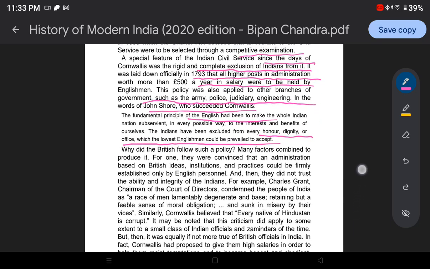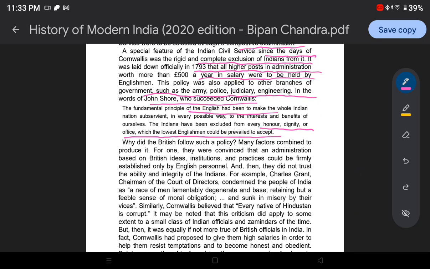Why did the British follow such a policy? Many factors combined to produce it. For one, they were convinced that an administration based on British ideas, institutions, and practices could be firmly established only by English personnel, and then they did not trust the ability and integrity of the Indians.